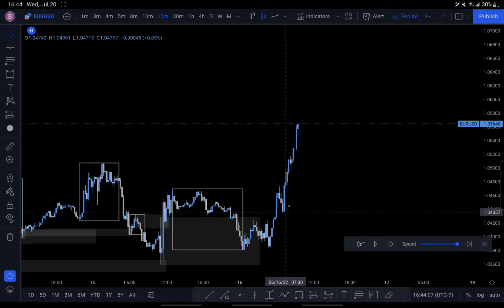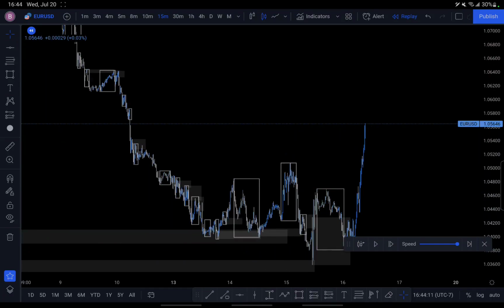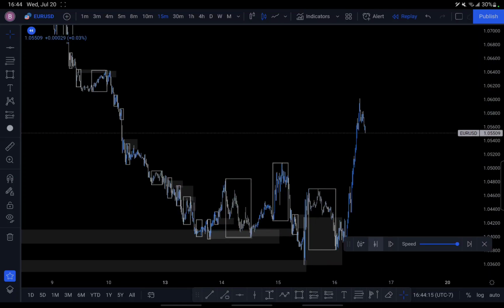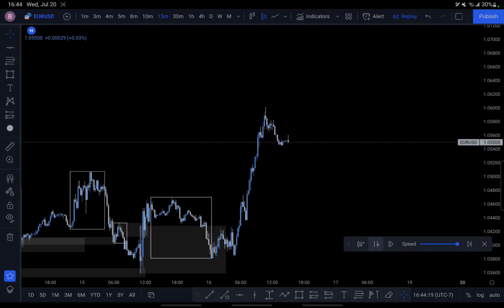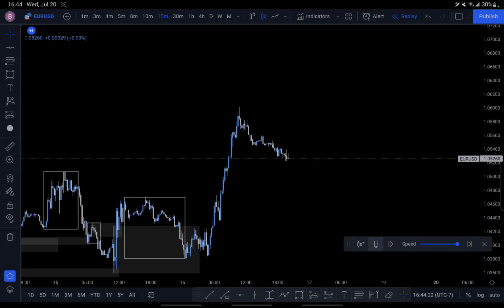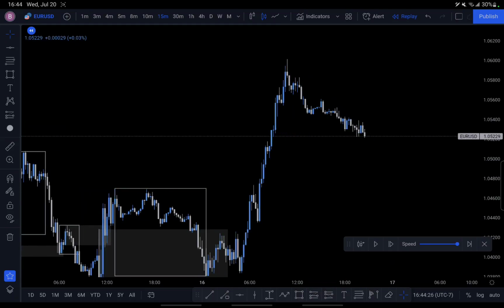Let's just see what price wants to do. I have a demand zone here. I'm not sure if price wants to come and play into there, but price may want to shoot up, and let's see where price just ends up going. Okay, let's see, price may want to play in this little supply zone or demand zone here.